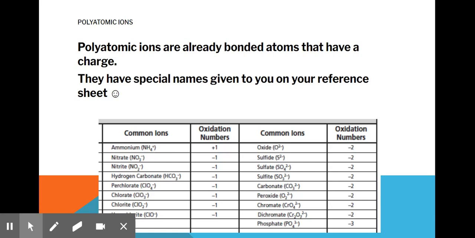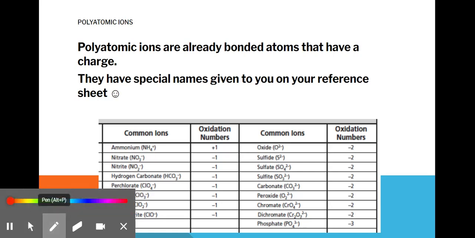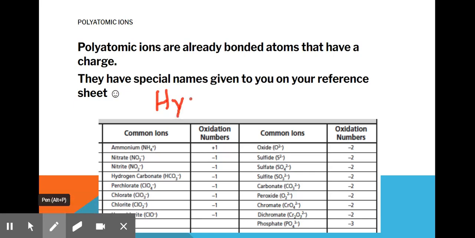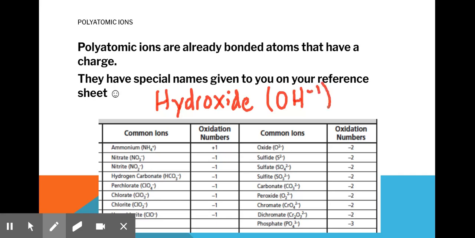If there are others that we'll use, then I will give you them. One that is not on there that I do want you to add is hydroxide. It is OH, the charge of -1.